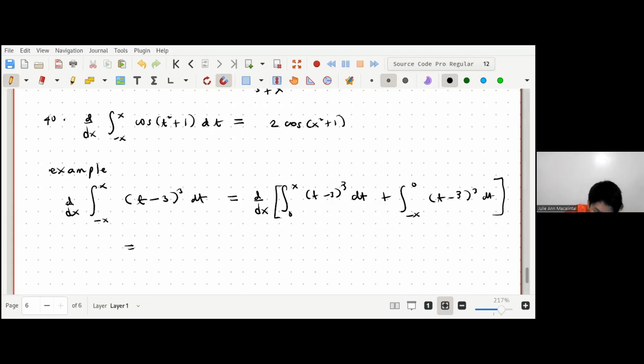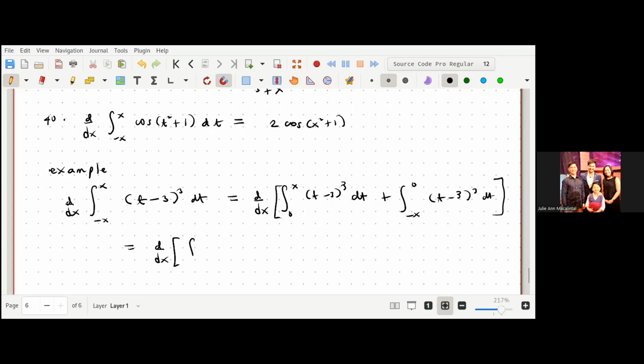So, yung mangyayari, 0 to x, t minus 3 cube dt, plus yung derivative with respect to x of, okay, gagawin ko na siyang negative 0 to negative x, t minus 3 cube dt.